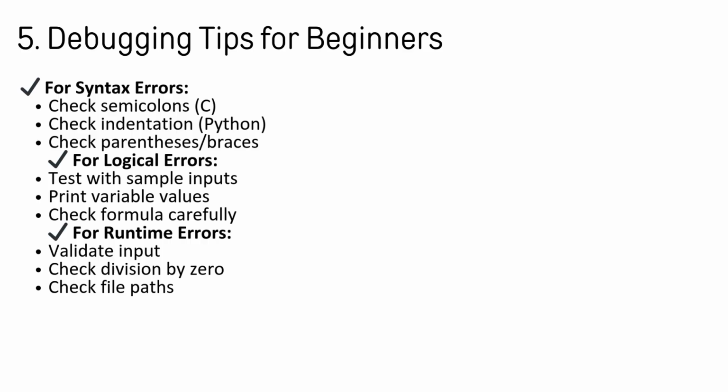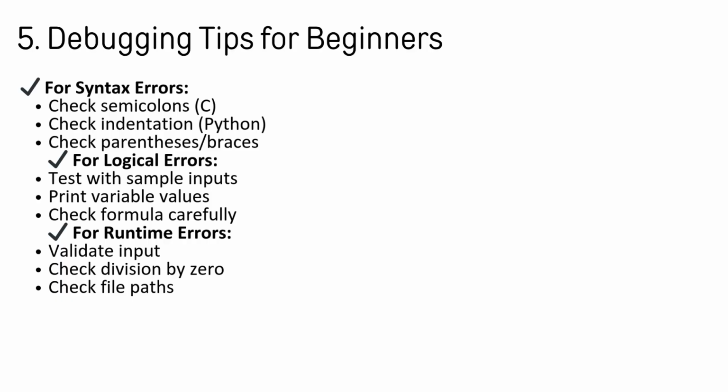A user should take care of some debugging tips. There are three types of errors that can happen, as we already know: syntax error, logical error, and runtime error. For syntax errors, check semicolons, check indentation in Python, and check that parentheses or braces are in the proper place. For logical errors, test with simple inputs, print variable values, and check formulas very carefully.